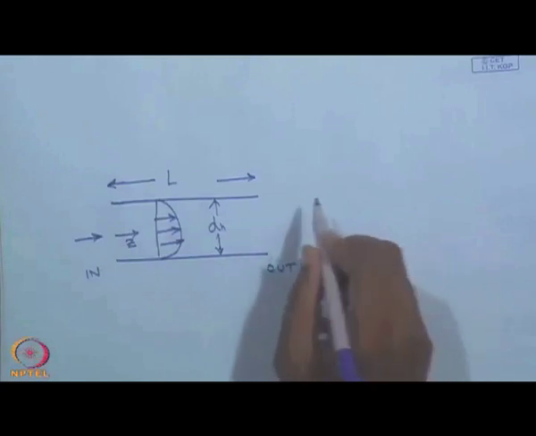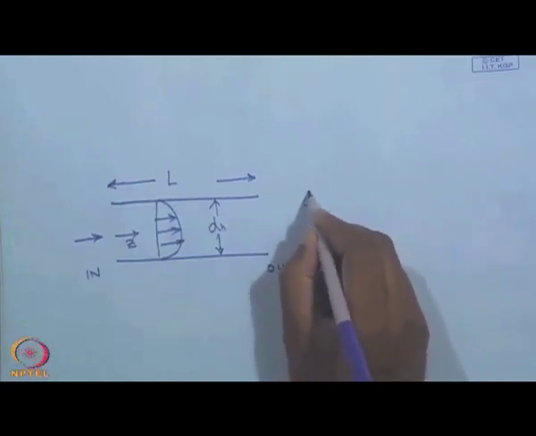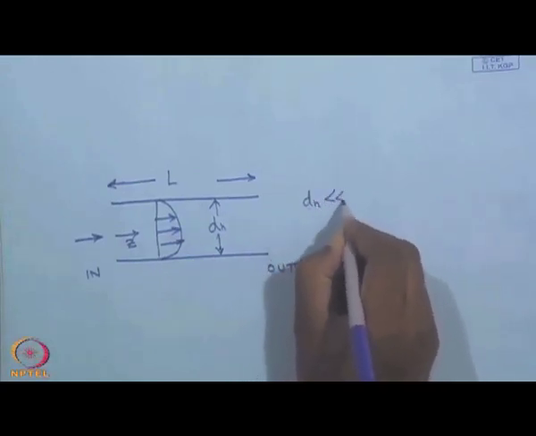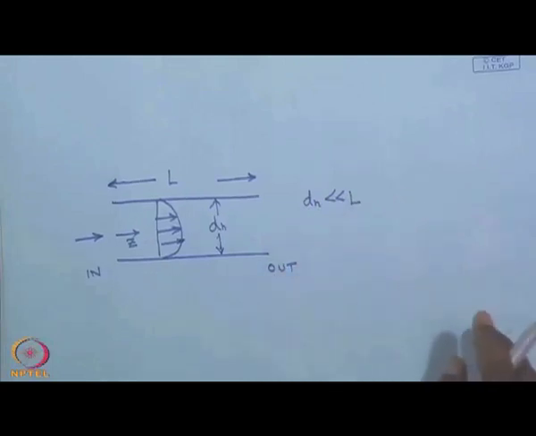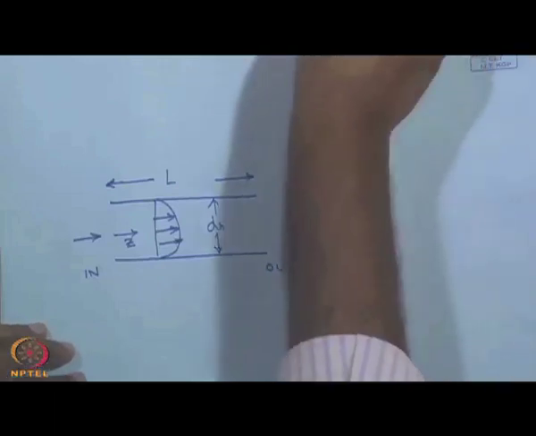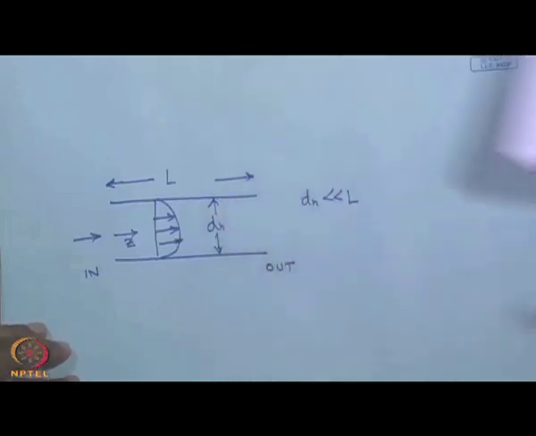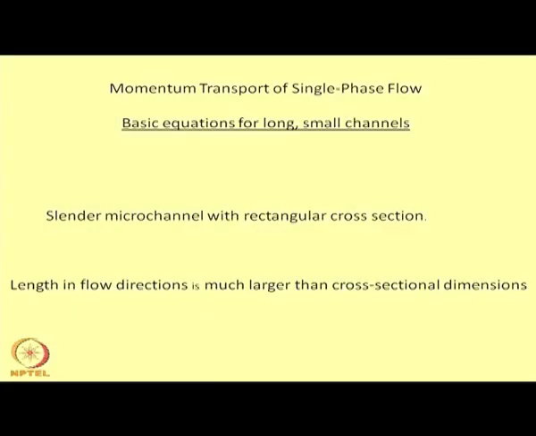When we say slender microchannel, we assume that dH is much smaller than L. This is the system that we are going to model using the equations that we already know.